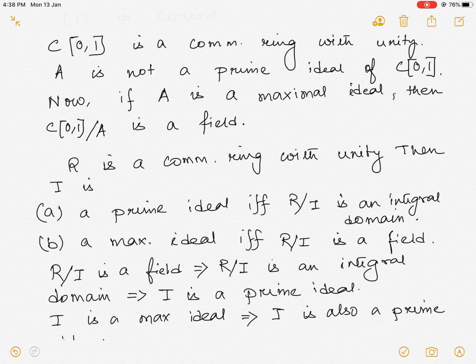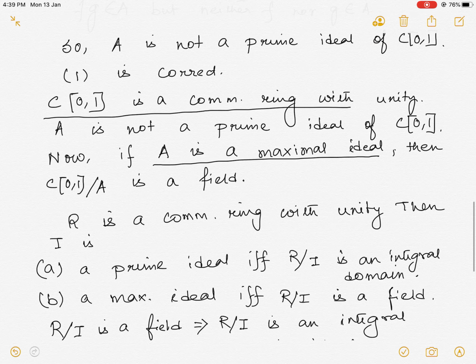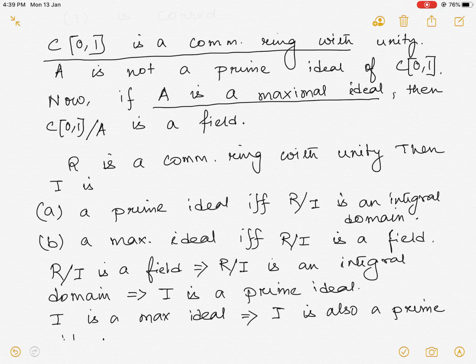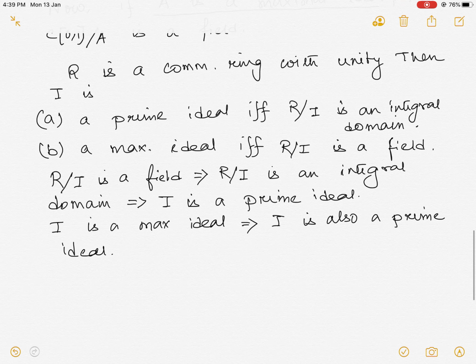Now C01 is a commutative ring with unity. If we suppose that A is a maximal ideal, then we can easily conclude that A is also a prime ideal. But we have checked that A is not a prime ideal. So A cannot be a maximal ideal.